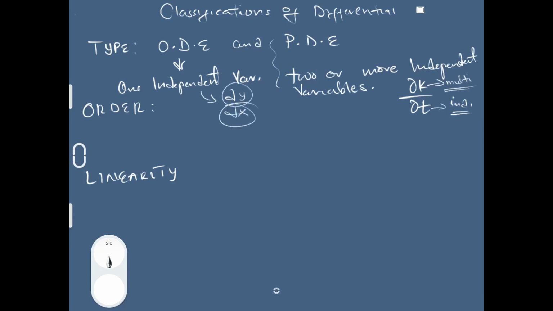It tells us this is a function of a single independent variable, and this is the independent variable. So those are the two types of differential equations.